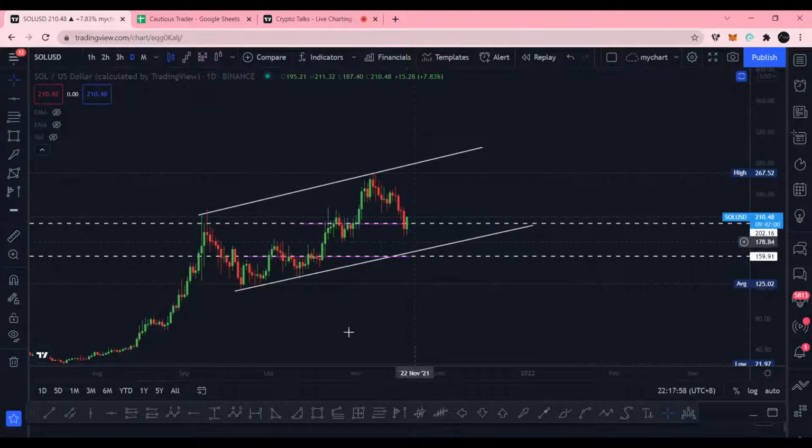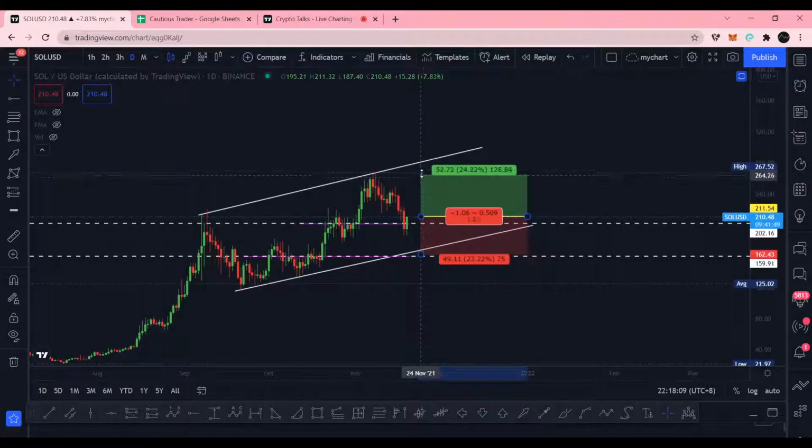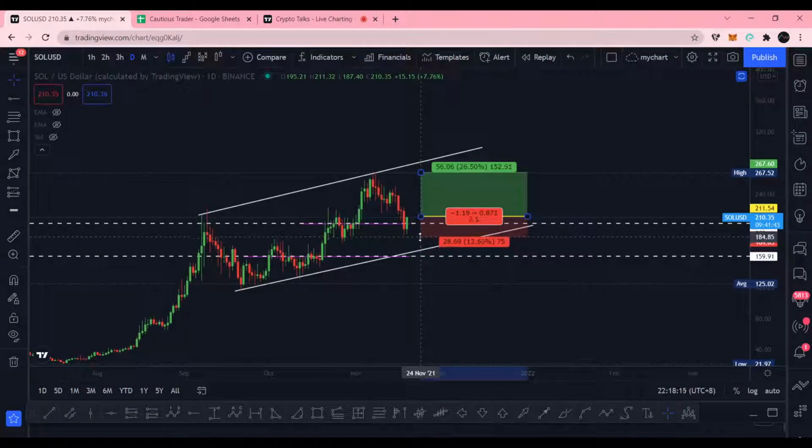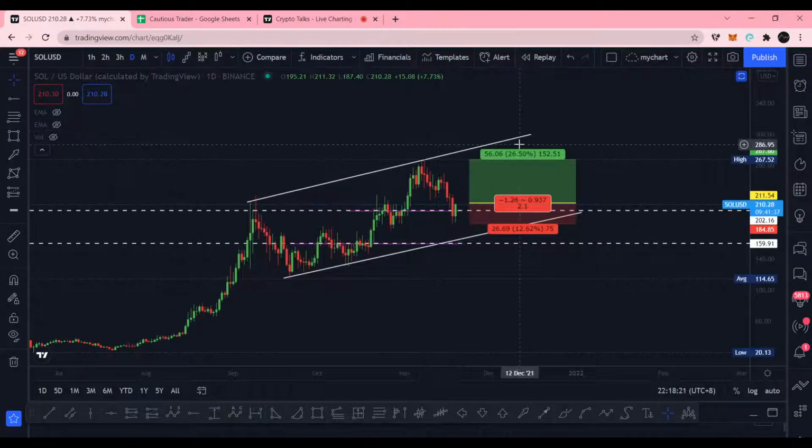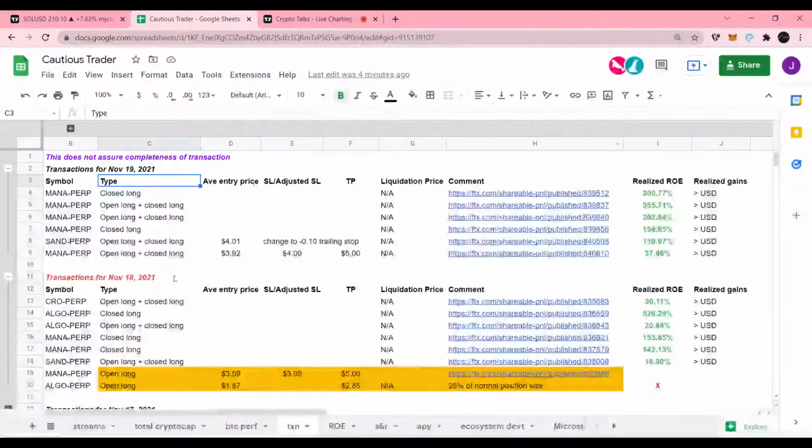So syempre kung iti-trade ko siya, if I'm gonna trade this Solana, of course, let me first measure what my possible risks are. So if ever 100% immediately, enter at this 200 something, 210.